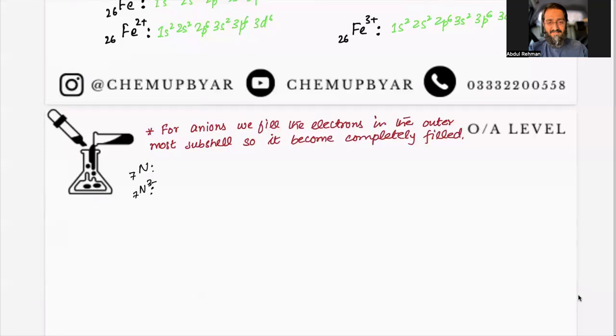If I write the electronic configuration of nitrogen, it is 1s2, 2s2, and 2p3. So see, it is a three negative charge. It means the three electrons which are gained get filled in 2p only, the outermost subshell. There is no more subshell which would increase. So that is the important thing. It is going to be 2p6.